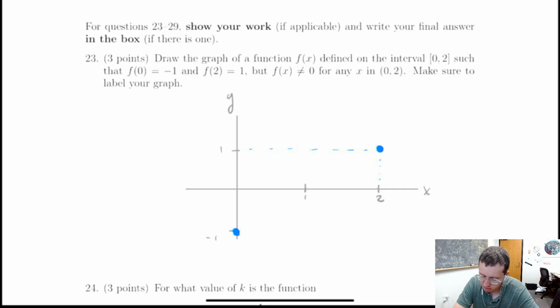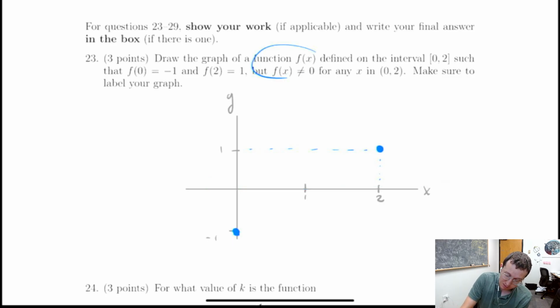So the point of this question is that if the function were continuous, the intermediate value theorem would tell me that it has to have a value of 0 at least one x value. You can't continuously get from -1 up to +1 without crossing the x-axis.